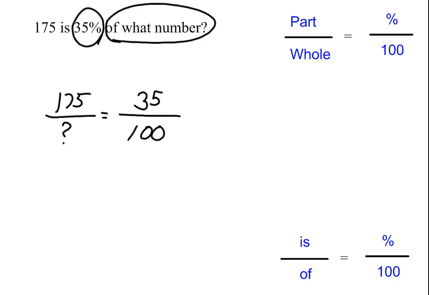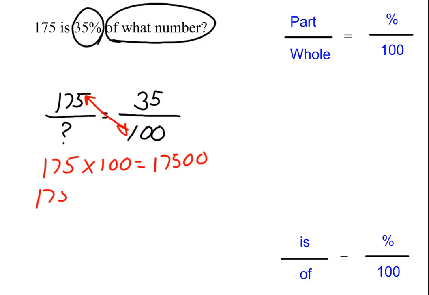A word problem to go with this, or the flip side, is: I gave Sue $175. That was 35% of what I had. How much money did I have to begin with? All right, so let's switch pens for a second here. So we're going to multiply like this. So 175 times the 100 is equal to 17,500.